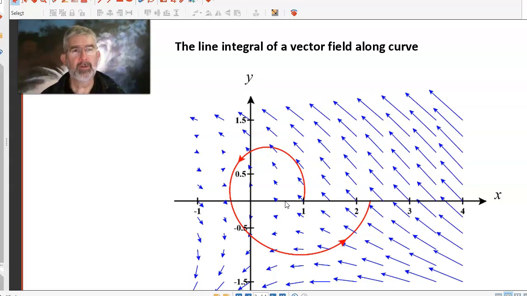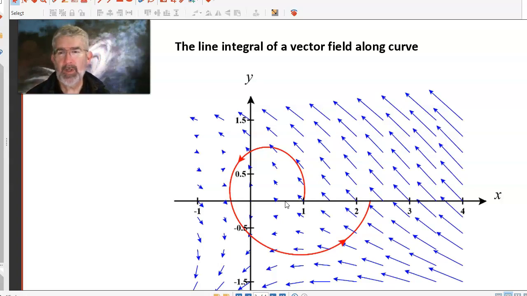If you have an object and you move it so far in a particular direction, the force required to move it in that direction times the distance it moves is the work done. Now, I say times, I say dot product. If you think of force as a vector and displacement as a vector, then the only part of the force that matters is the part in the direction of the motion. And that's where the dot product comes in.